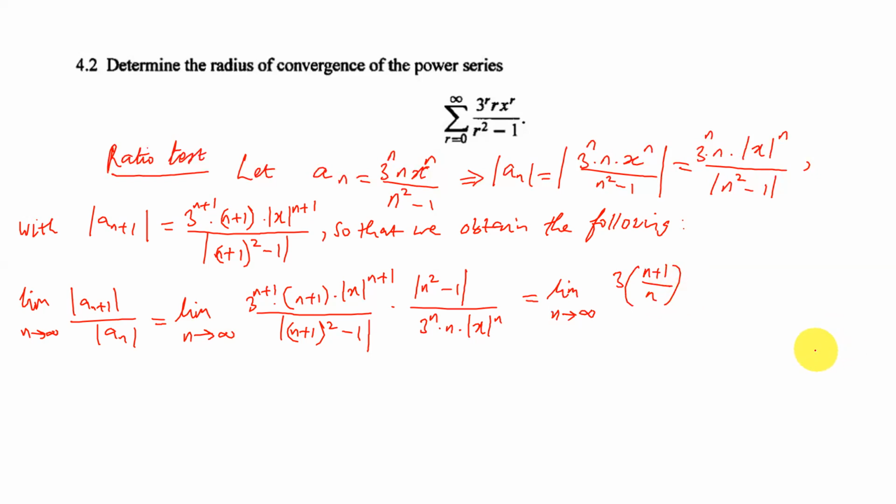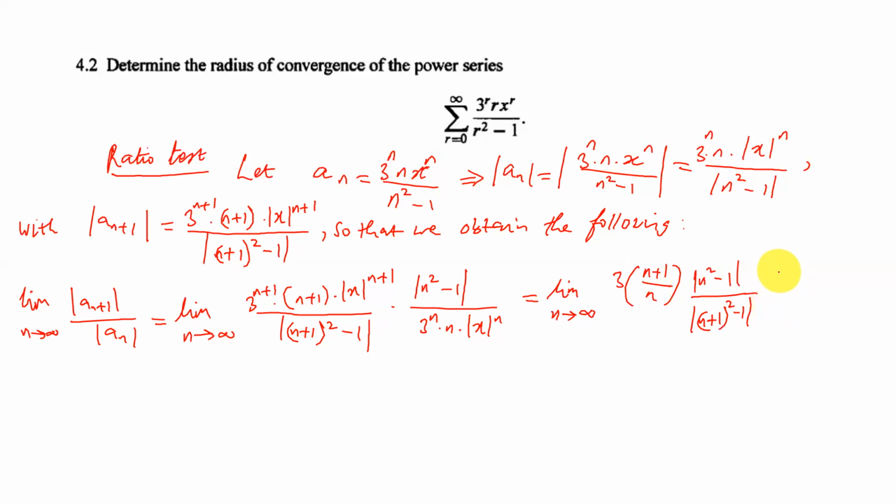Then we have the modulus of n squared minus 1, which you divide by the modulus of (n+1) squared minus 1, like this.